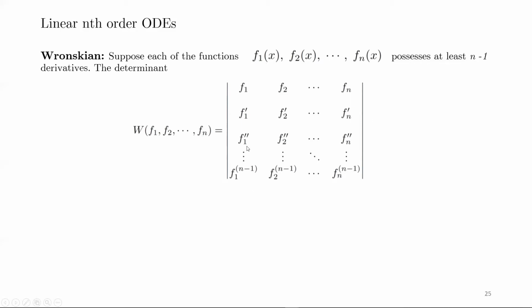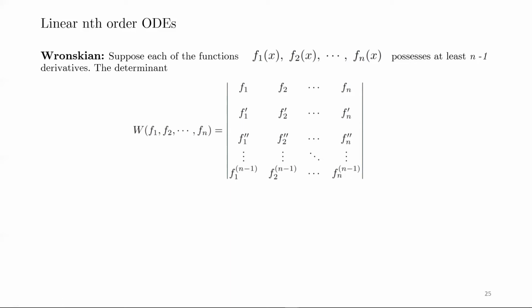So the matrix is made up of the function f1, its derivative, its second derivative, all the way through to its n minus first derivative. Then the next column is f2, f2's derivative, f2's second derivative, all the way down to f2's n minus first derivative. And we continue on in this fashion until we get to the last function, fn, its derivative, its second derivative, all the way through to its n minus first derivative.